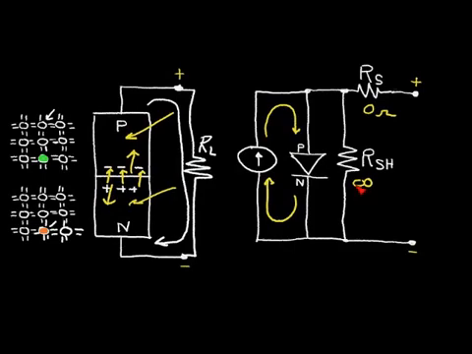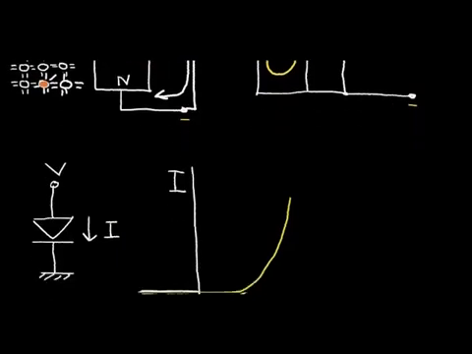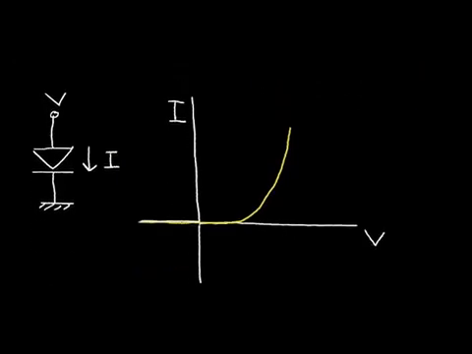So let's explore the current voltage relationship of this PN junction, or this solar cell. Now if we don't have any light shining on this diode, we can plot the voltage versus current. We'll say this is ground or 0 volts.